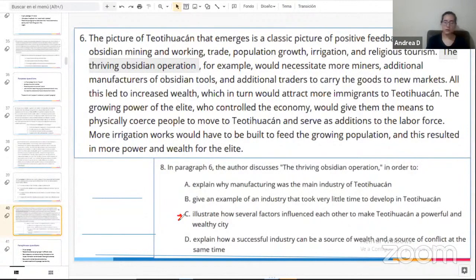Anyone that has a different one? Maybe Freddie, what do you think? I'm trying to choose between C and D. Okay.